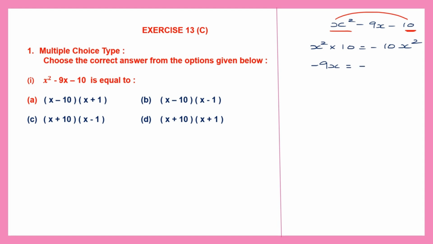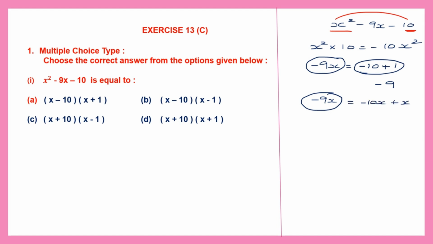Now suppose I say minus 10 plus 1. If I do these two numbers, minus 10 plus 1, I will get minus 9. So I can write minus 9x, I can split that up into minus 10x plus x. So what will I get? I will get minus 9x.